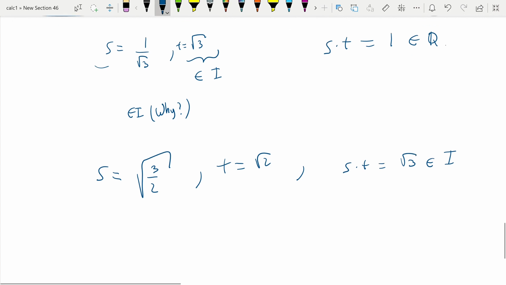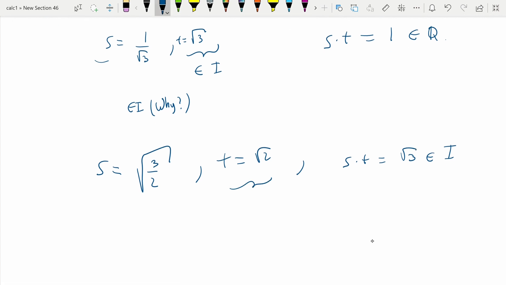And why is this an irrational number? You know that square root 3 and square root 2 are both irrational numbers.